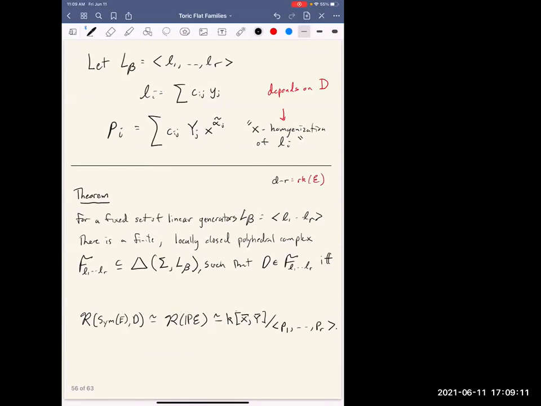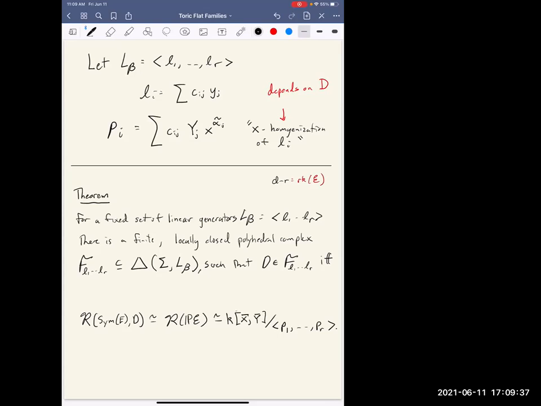And I'm going to call those the X homogenizations of our linear forms. And once again, this depends on the diagram and the linear ideal. And one can think about these homogenizations as the desired or expected generators of this ideal I sub B. They're always in the ideal I sub B, but they don't always generate it, but we would like them to.